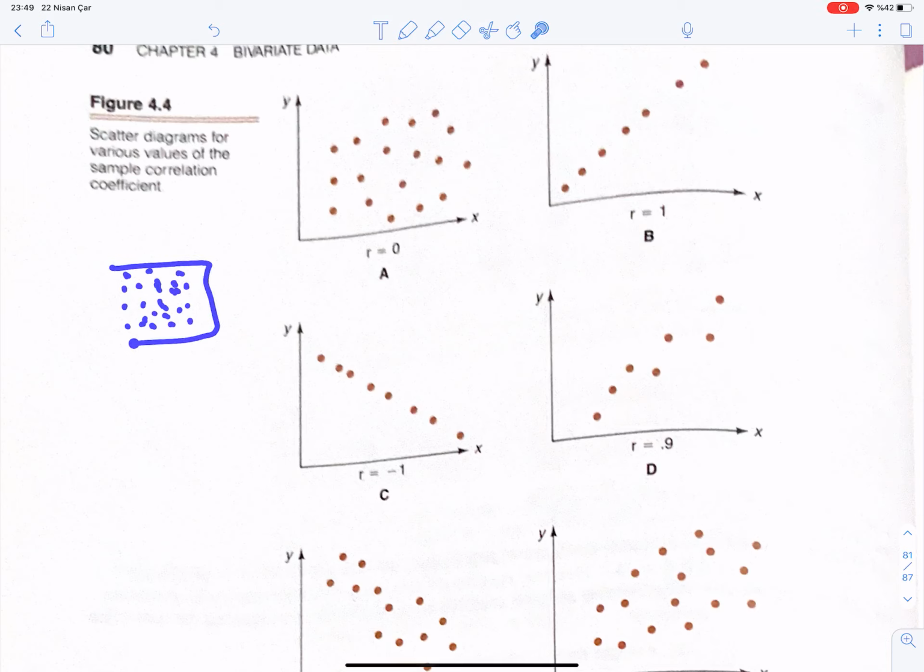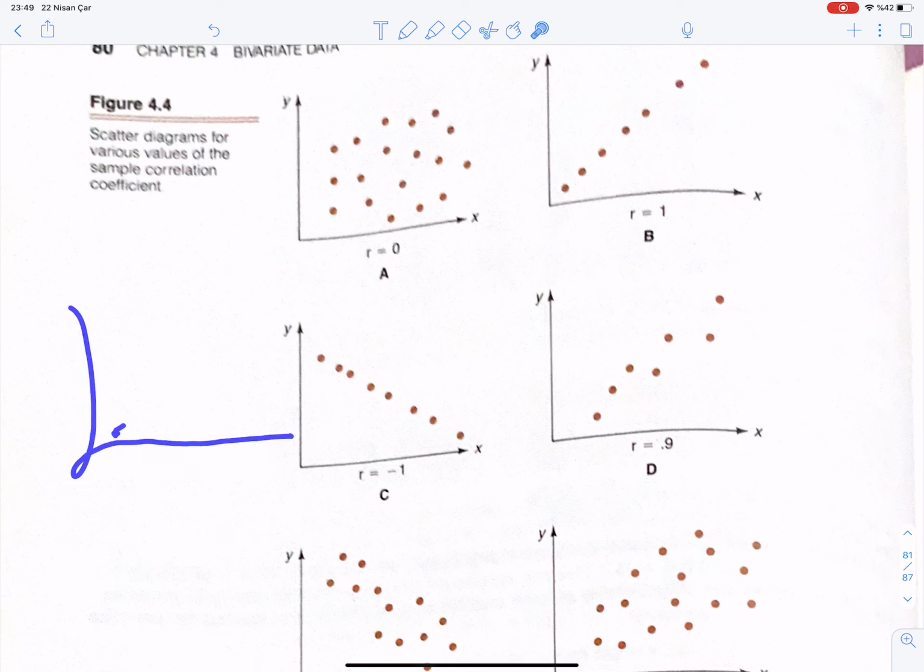It can look like a square. In this case, also, there is no correlation. And the other confusing thing is, if you have a picture like this one, you will also tend to find the Pearson correlation to be zero. But in fact, the relationship is clearly not linear. It is a non-linear relationship.